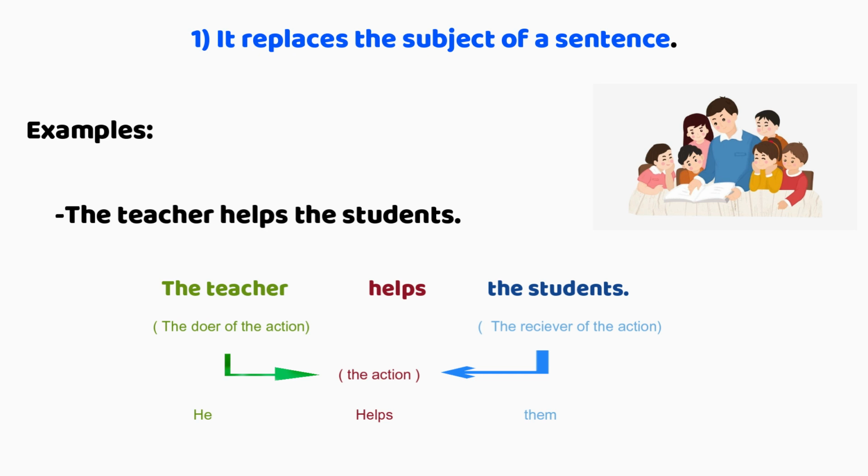He refers to the teacher, and the action helps, and them is a substitution for students. He and them are pronouns. The subject pronoun here is he, and them is an object pronoun. It refers to the students.